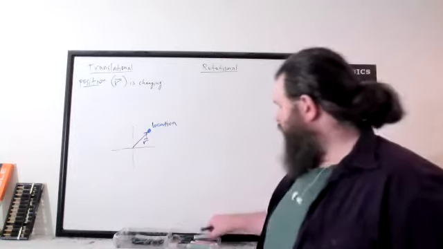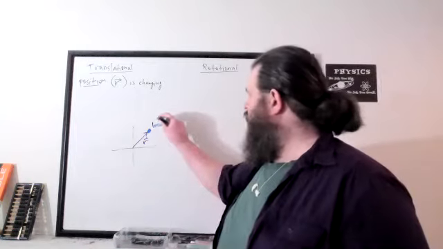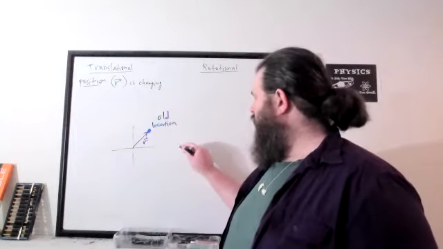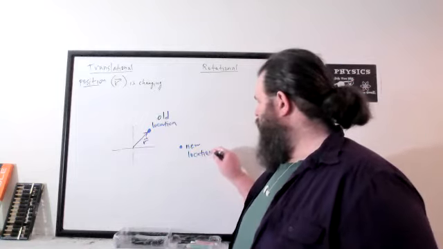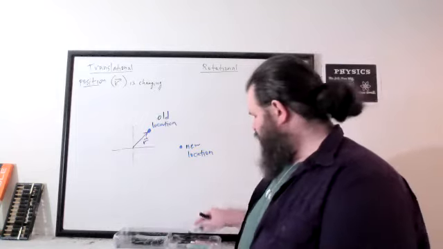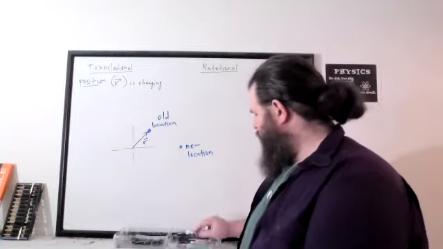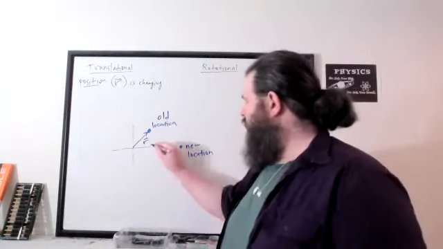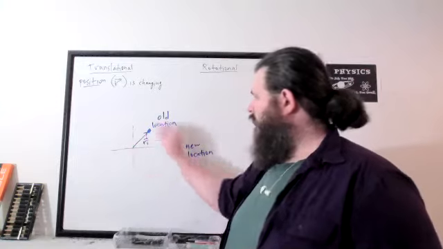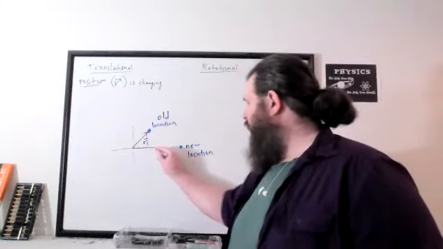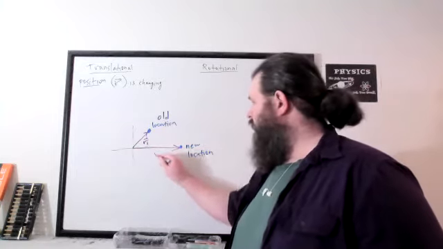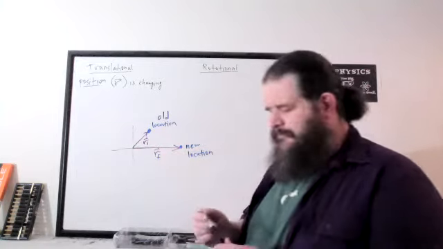And if you're changing position, let's say you move from this old location to this new location. Then we would have our initial, your old location, and then our final would be also a vector from the origin to your new location.